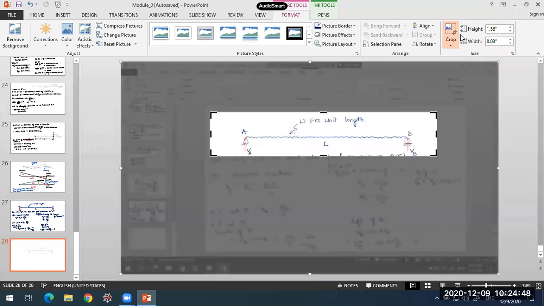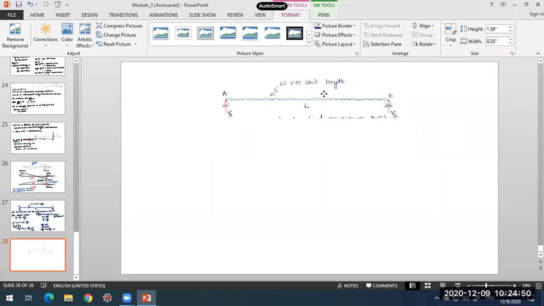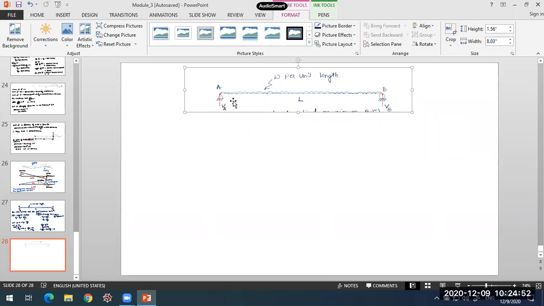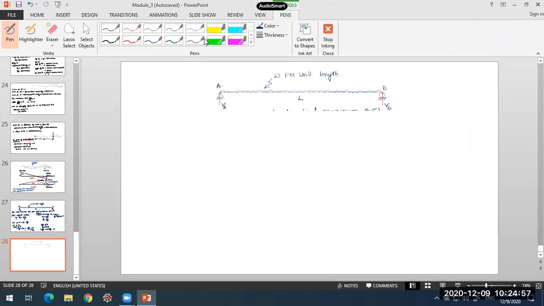How do you find the point of maximum bending moment? For that purpose, we'll apply this relation. What is the condition for maximum bending moment?